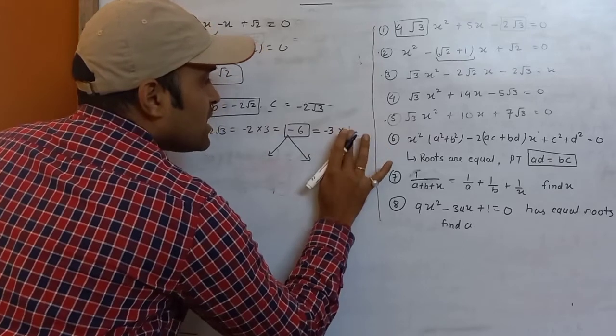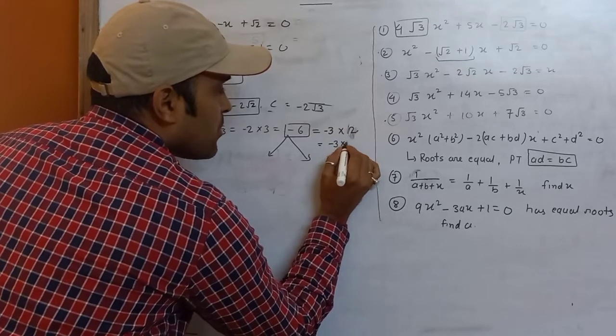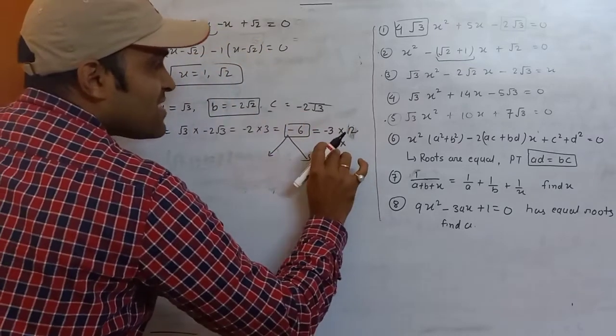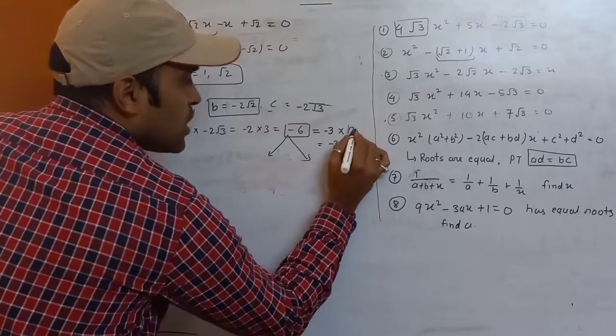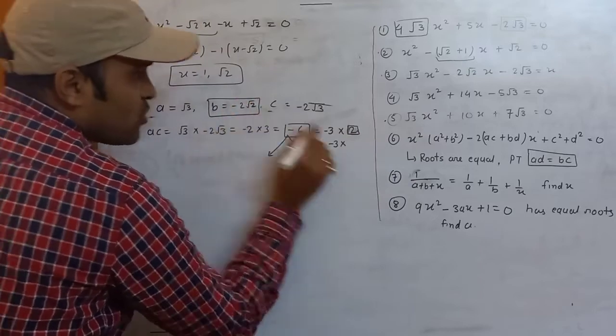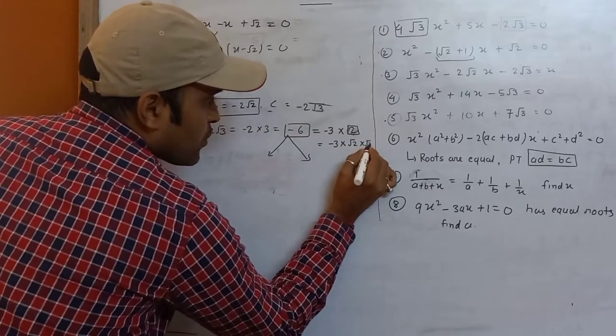We need root 2, so we don't factorize 3 into root 3. I will factorize the number 2 because we need root 2; it can be written as root 2 into root 2.